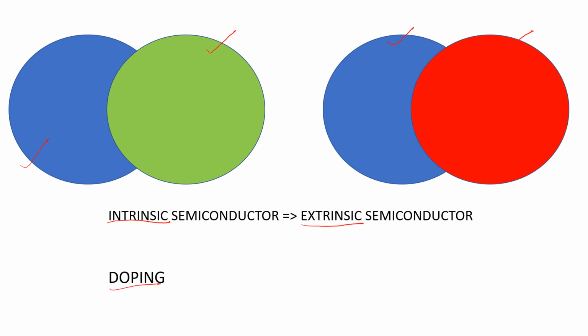Now let us make this point very clear: the atom we began with, the semiconductor, is electrically neutral, and the pentavalent atom is also electrically neutral. The trivalent atom is also electrically neutral. So the byproduct that we have got after doping is also an electrically neutral particle.